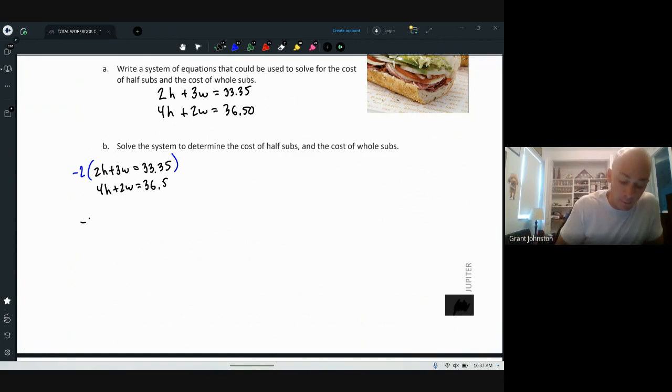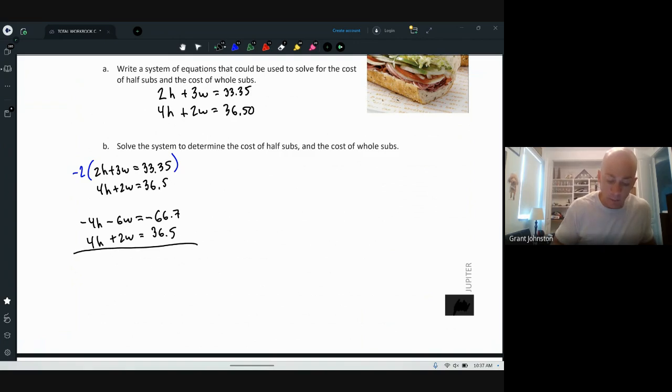So that's going to be -4H minus 6W times -2. This would be -66.7. I'm going to rewrite the second equation. Set up for elimination. H is gone.